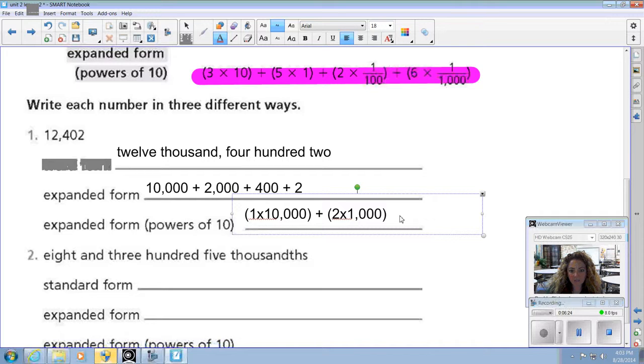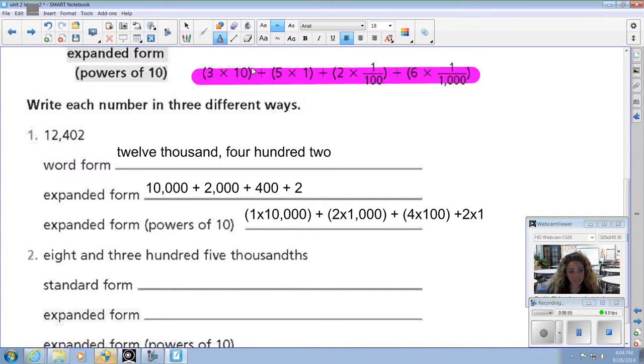And then plus, not equals, plus 4 times 100. And then plus 2. Let me stretch that out so it's all on one line for you guys. Okay? So that's how we would write it out in expanded notation. This one should be times 1. Yeah? All right.